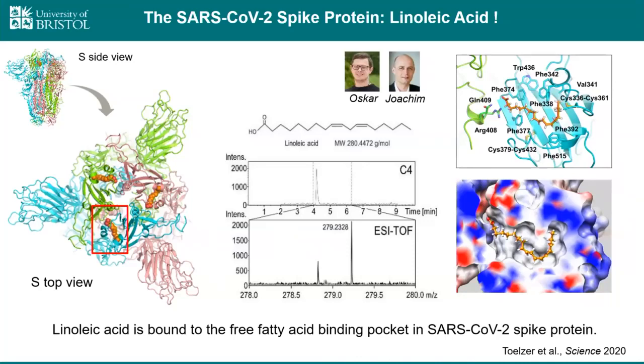And this is accompanied by a compaction of the 3 RBD domains, and this is shown here in the right-hand corner, where you see how in this rather locked structure, the RBD domains move closer to each other. It's actually a 6 angstrom movement from the closed to this locked structure, which is also mirrored by the RBD domain. So altogether, this is much more compact.